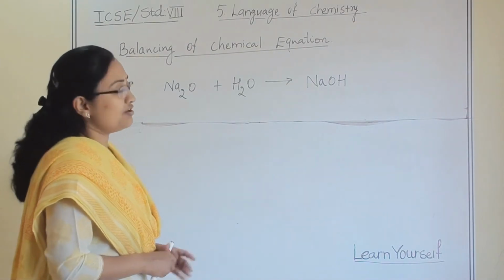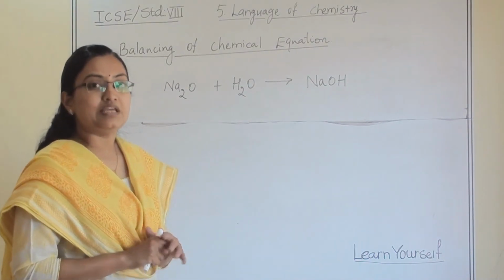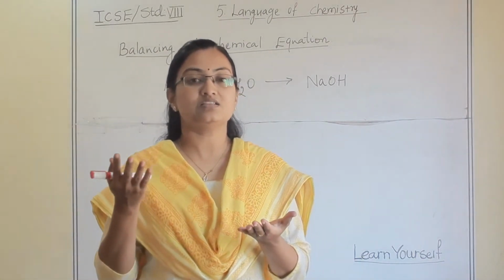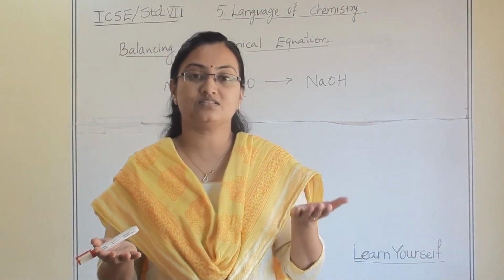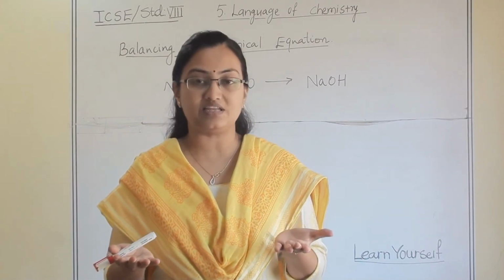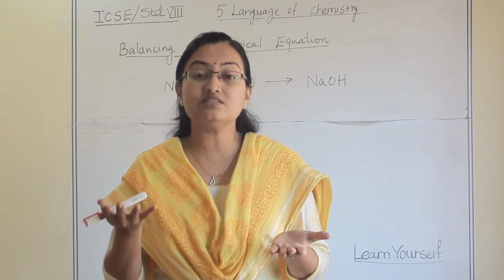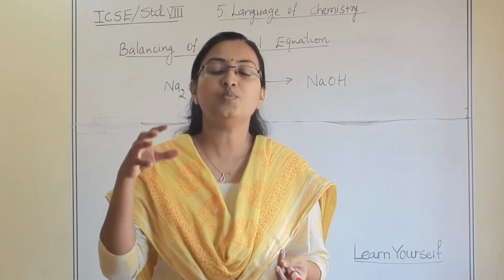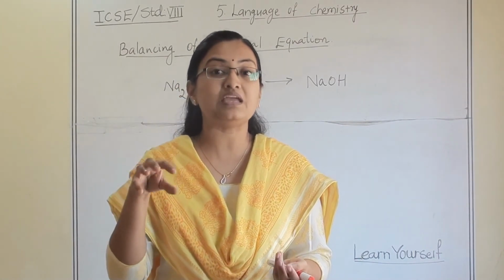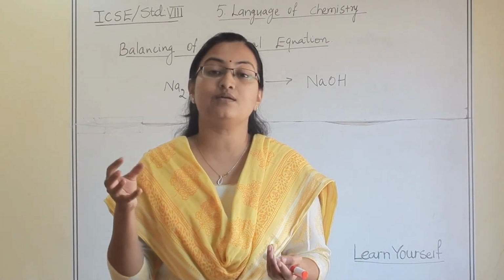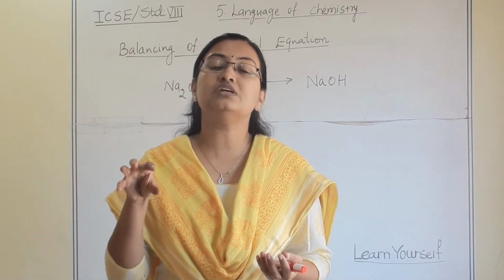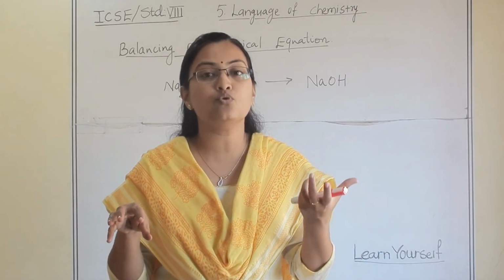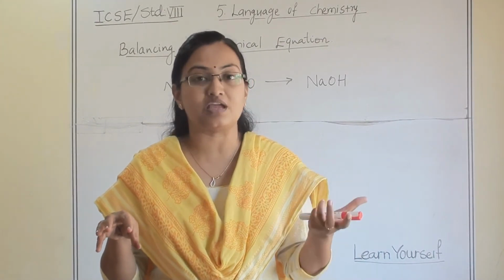So, balancing of chemical equations. What is the meaning of balancing a chemical equation? We know that there are certain reactants and certain products in a chemical equation. The reactants should equal the products. For example, how many atoms I am putting into the chemical reaction, those many atoms only I am going to get at the end of the reaction.